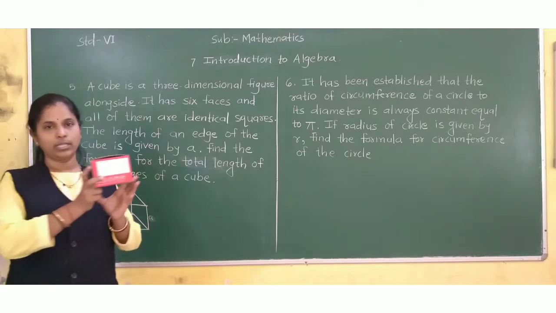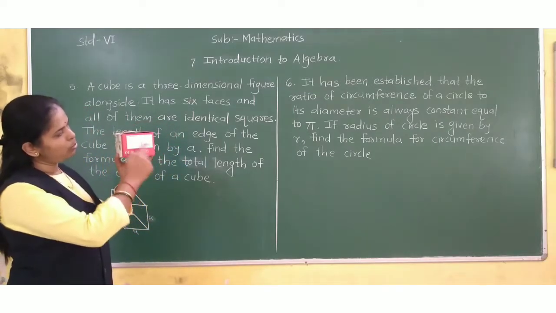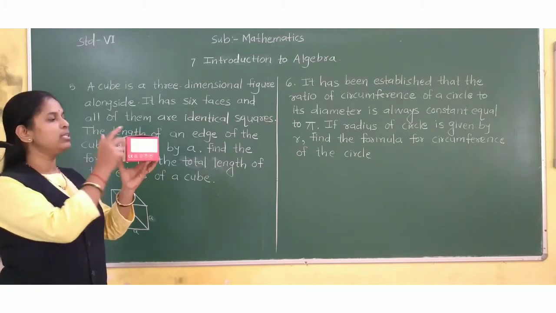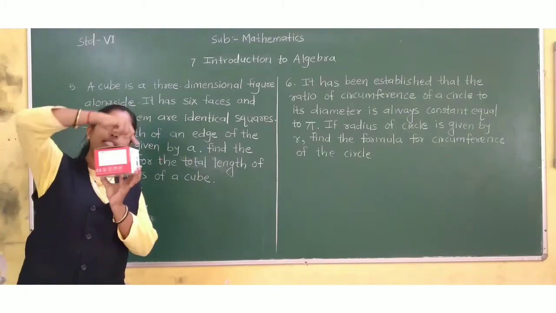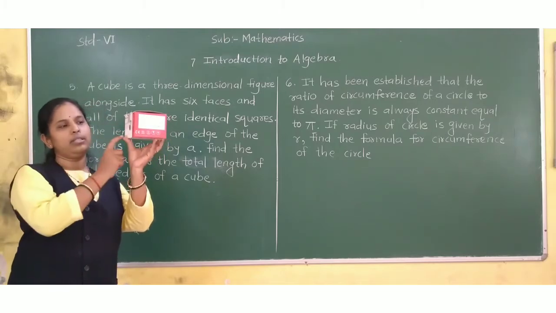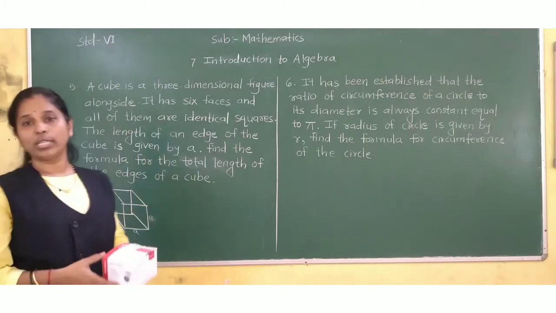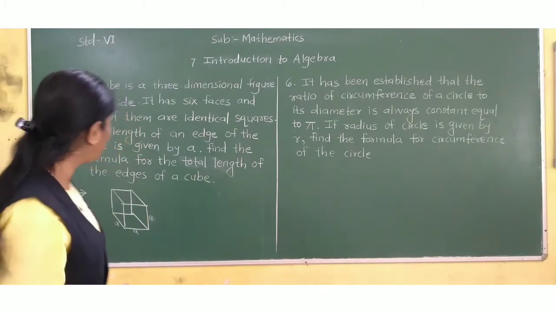Okay. Now look here, students. We'll count it. This 1, 2, 3, 4. This 4 side 5. Then 6, 7. This 8, 9, 10. This 11 and this side 12. Okay. So total how many edges are there to the cube? 12.